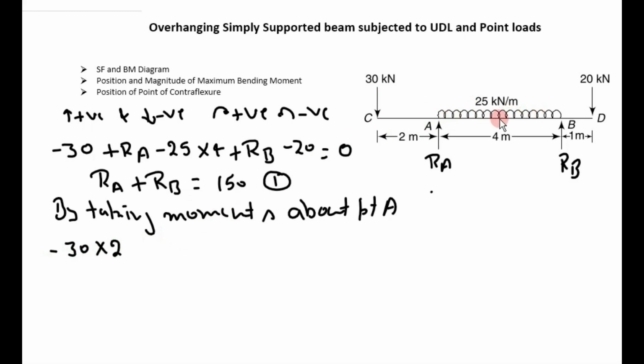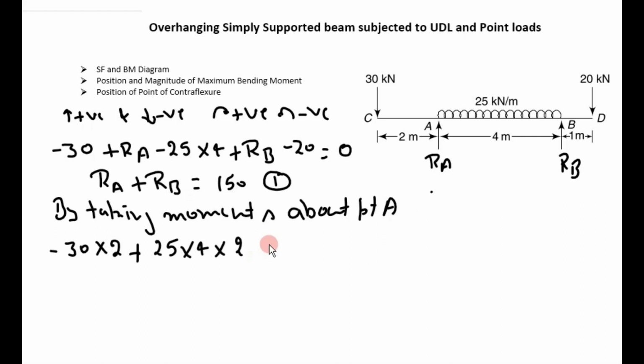Next is the UDL, 25 kilonewton per meter acting on 4 meter, and the distance of its CG from point A is 2 meter, and it tends to rotate the beam in the clockwise direction.